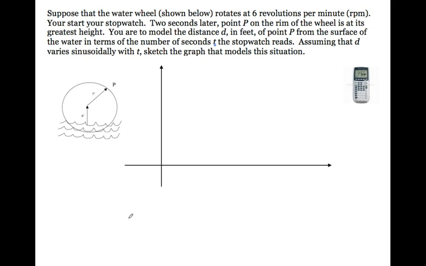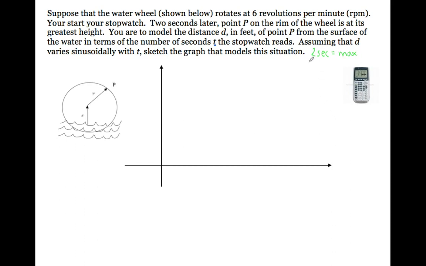So suppose that the water wheel shown below rotates at 6 revolutions per minute. So it does 6 revolutions in 60 seconds, in 1 minute. You start your stopwatch, and 2 seconds later, point P on the rim of the wheel is at its greatest height. So in 2 seconds, it gets to its maximum.